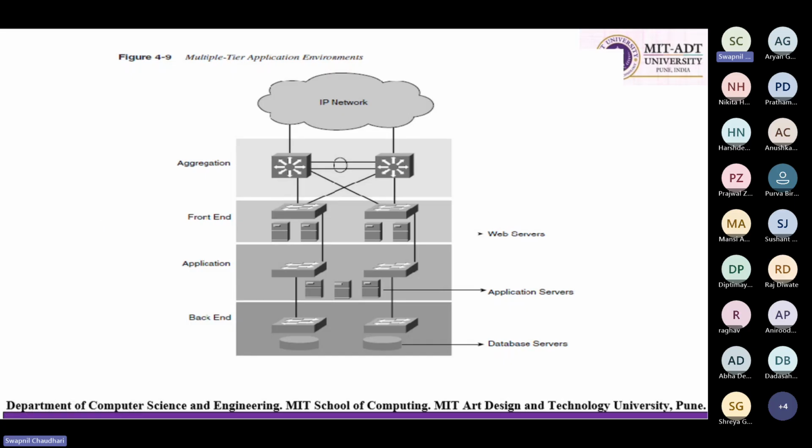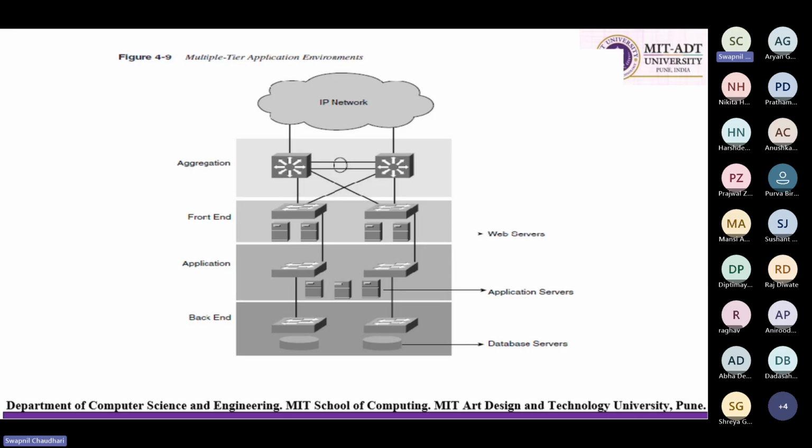It is a very important architecture used in modern applications. The first one is the IP network. At the top, this represents the internet, external users, and client devices. All user requests originate from here. Next is the aggregation layer. It contains multiple L2 and L3 switches, and it handles routing and traffic control.